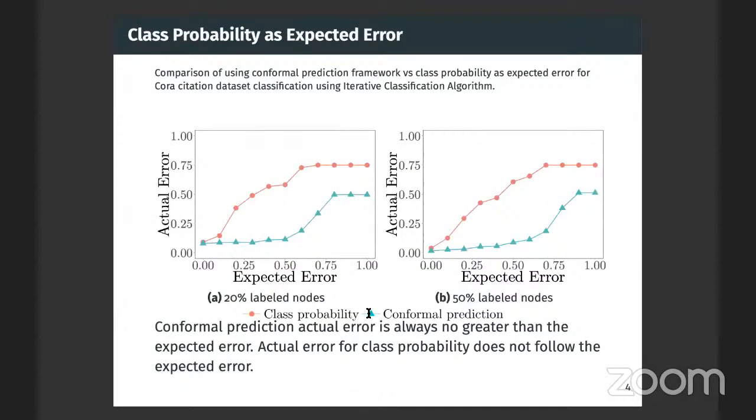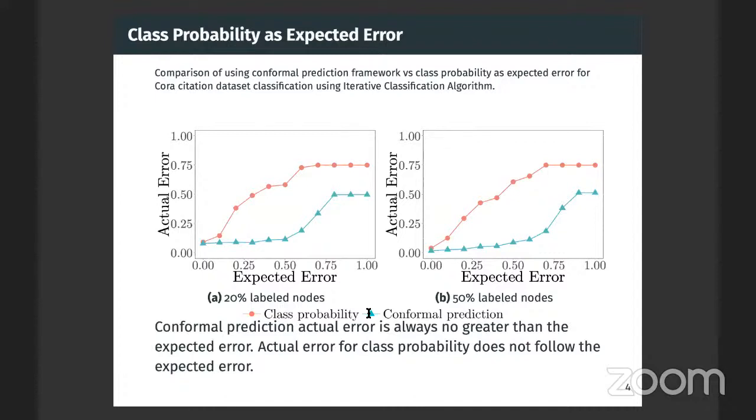One question that you may ask is, why can't we use class probability as the expected error? For example, when you make a prediction using something like logistic regression or some other algorithm, we usually have a class probability, like the probability of this instance belonging to this class. So why can't we use that probability as the expected error, or the confidence we have in the prediction?